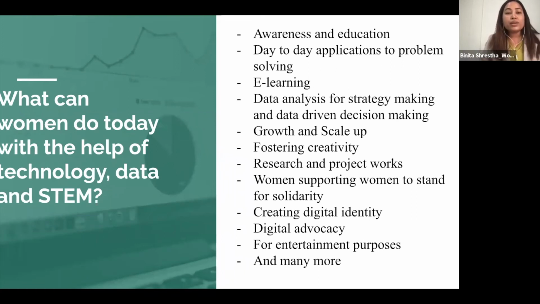So, what can women do today with the help of technology, data, and STEM? There are many things. It depends on your own background and what field of study you want to choose or are already in.